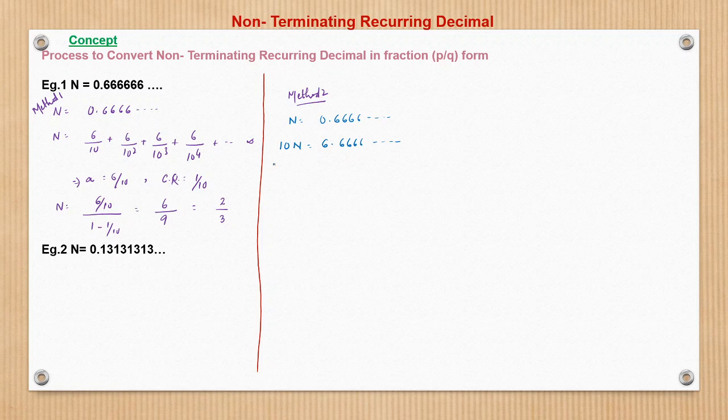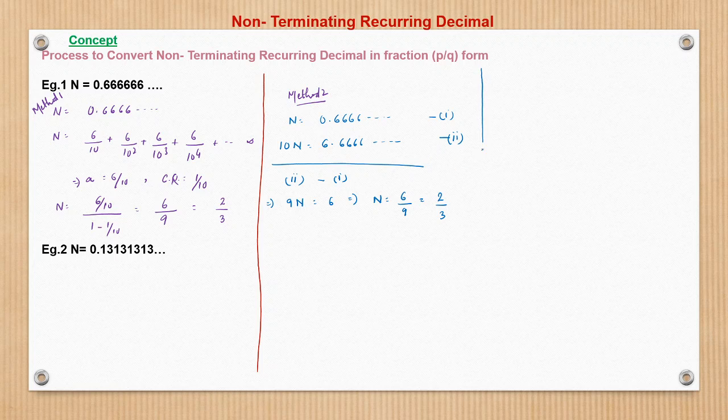Now subtracting, equation 2 minus equation 1 would give 9n equals 6.666 minus 0.666, which is nothing but 6. So from here I can write n is nothing but 6 by 9, which is the same as 2 by 3, what we got here, right? So this is another method of solving. This method we had seen in the previous case.